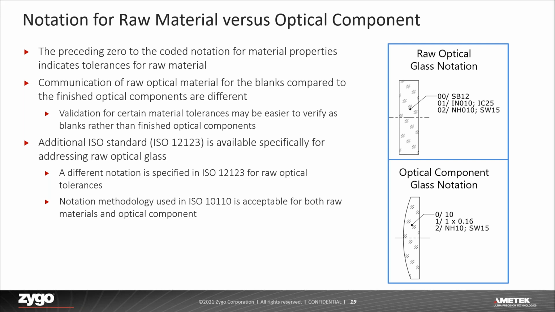More information on specifying raw materials and their notation is in ISO 12123 and won't be covered today. Specifying the raw optical materials may still be done using the coded notation from ISO 10110 instead of the class system in ISO 12123.